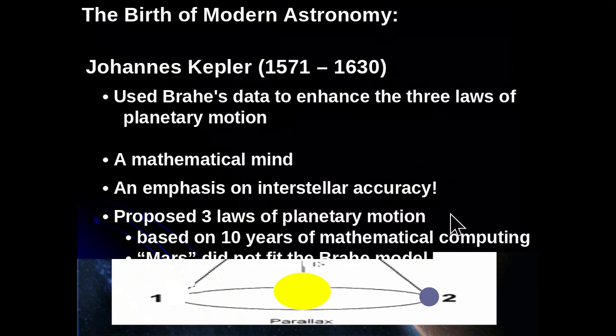And it took him basically 10 years of mathematical computing to get these laws to work and to be able to accurately predict where planets lie today. In fact, the 3 laws of planetary motion are used today when designing satellites, when putting spacecraft into the solar system to land on other planets and so forth. So these are very important laws. And so we're going to go over each one of the laws of planetary motion.